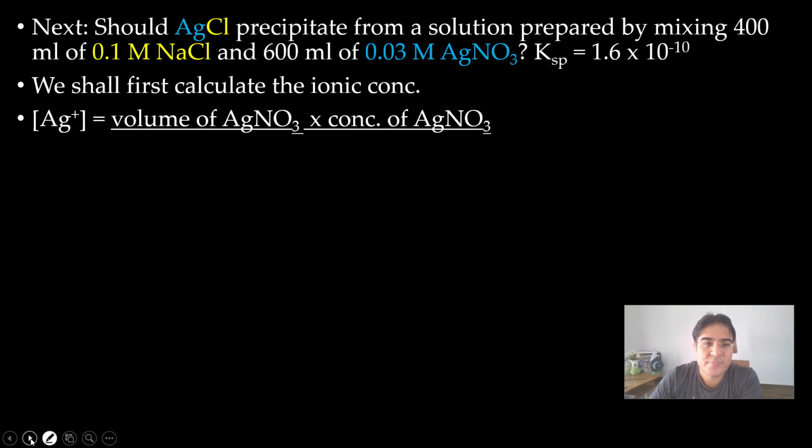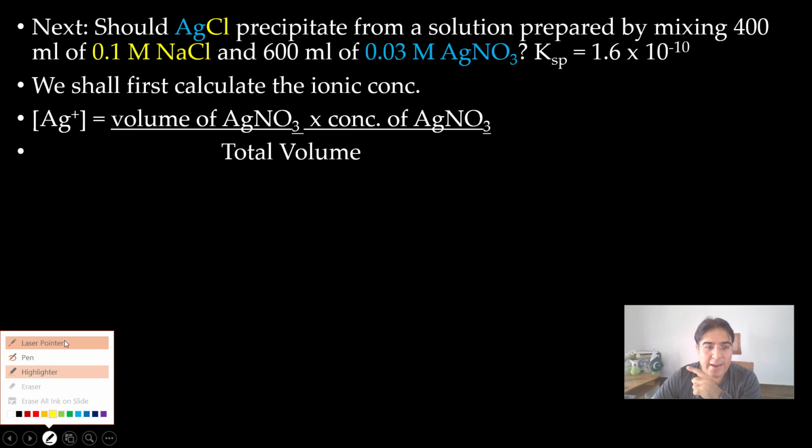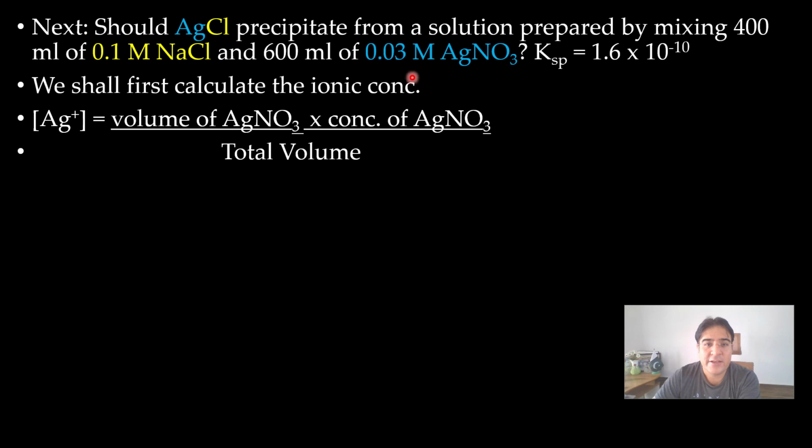So look at this. Volume of AgNO3 into molarity of AgNO3 divided by volume in total. It means 600 into 0.03 divided by 1000. Same for Cl ions, 400 into 0.1 divided by 1000.